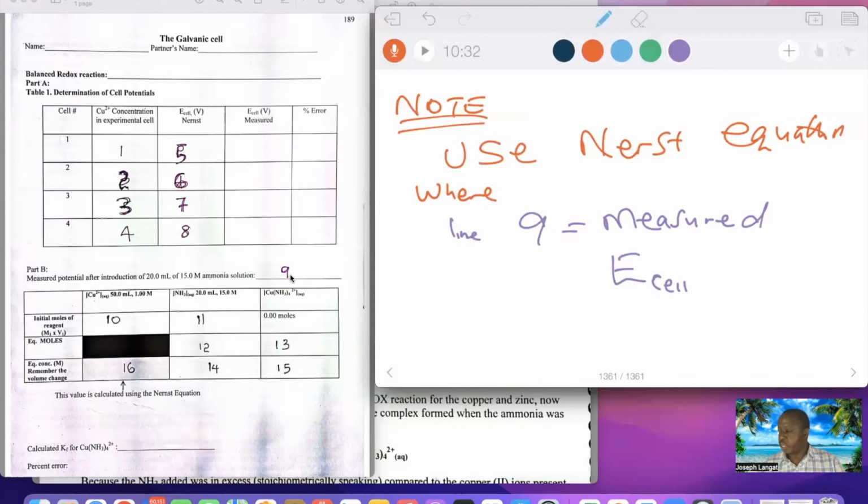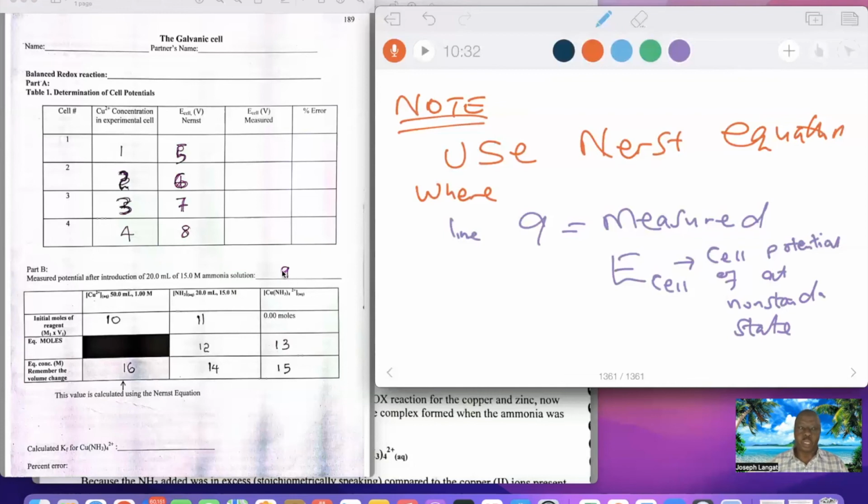This is the cell potential at non-standard state. What you measured in the lab.